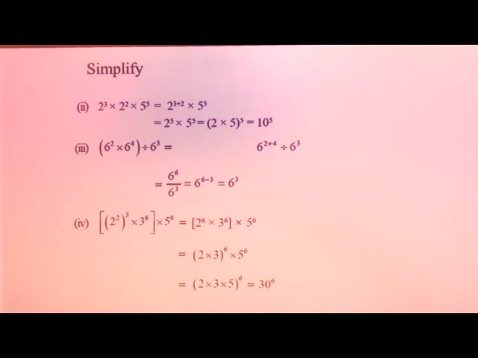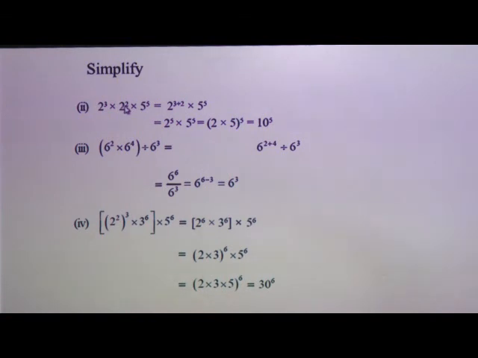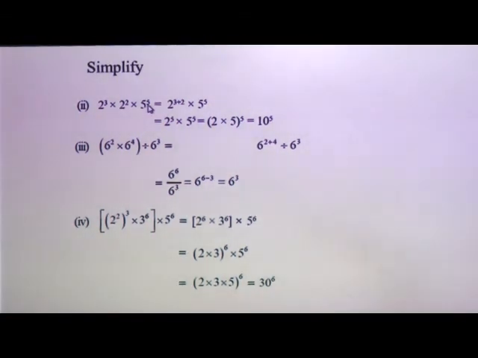So, we can write a common base and the powers can be added, that is 3 plus 2, because the bases are the same, and this is 5 raised to the power of 5.